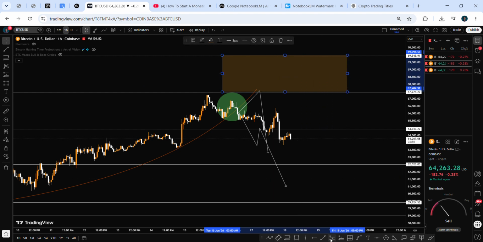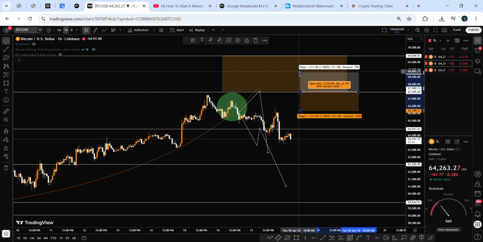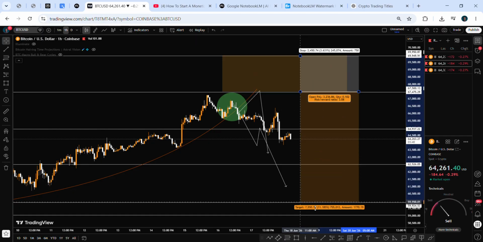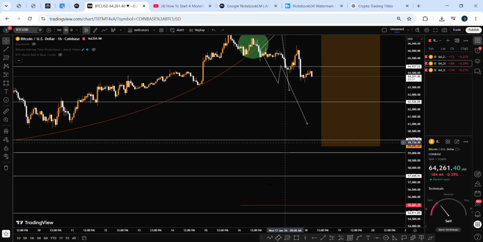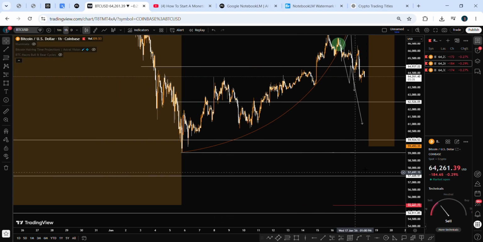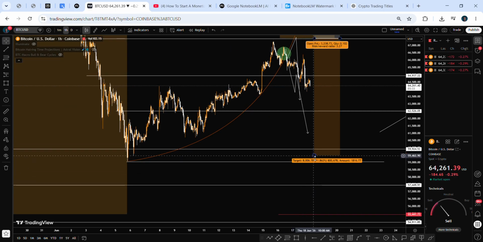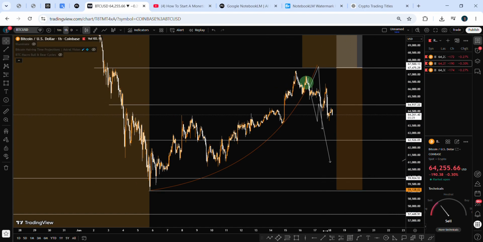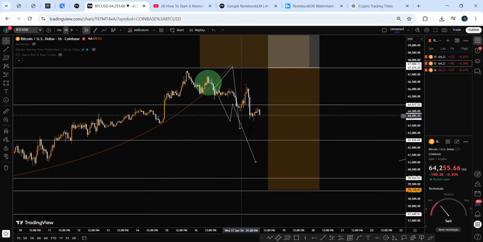Probably my entry will be here. I'll be shorting from this place. My stop loss will be at the top here. Then I'll target the recent low, the last low here.